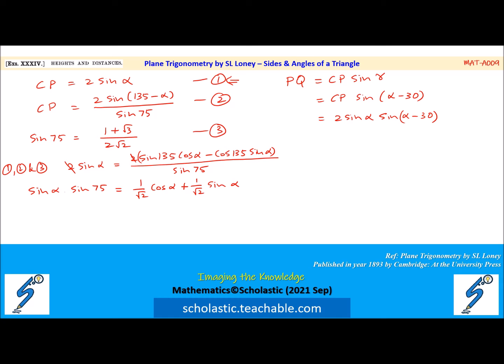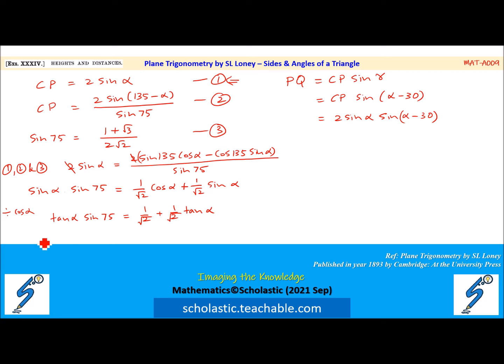This equation, if you look at carefully, we can actually find tan alpha: divide the whole thing by cos alpha. We can see tan alpha times sine 75 is equal to 1 over root 2 plus 1 over root 2 tan alpha.